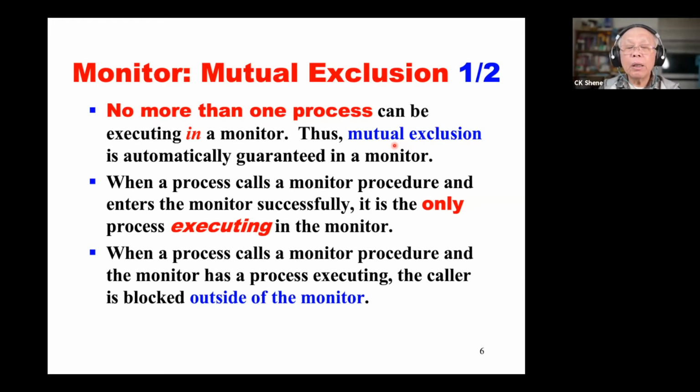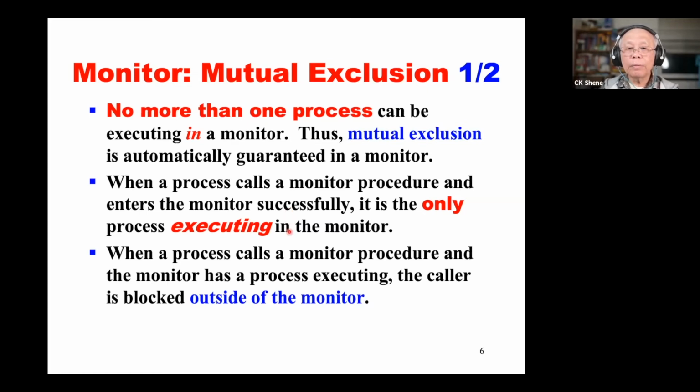So isn't the monitor itself a critical section? Yes, of course. So how do we implement this? When a process calls a monitor procedure and enters the monitor successfully, you execute inside the monitor, and you are the only process executing in the monitor.